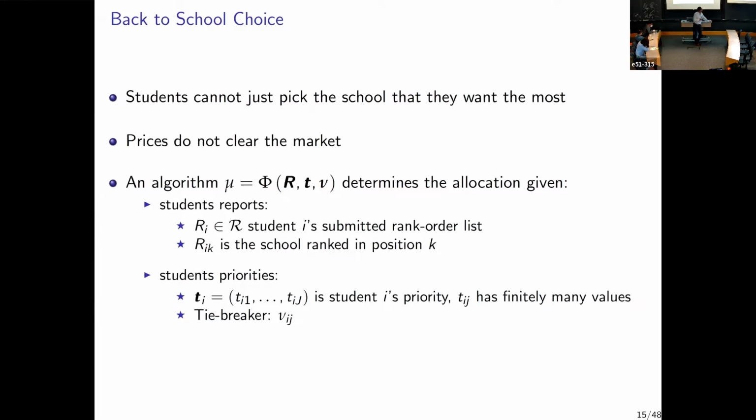And the tiebreaker is going to be nu ij. And as Irene pointed out, there's multiple tiebreakers, in which nu ij is IID uniform 0, 1, or a single tiebreaker in which nu ij is really nu i, right? You have only one nu per student. Okay. Good.